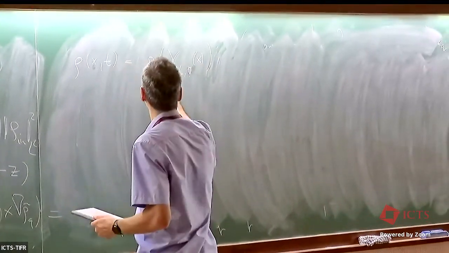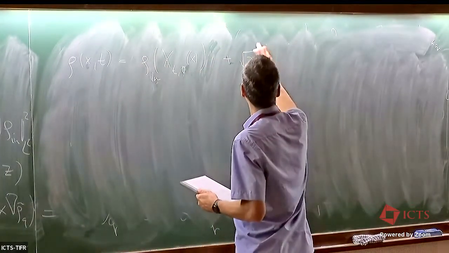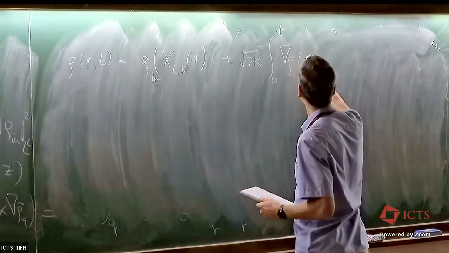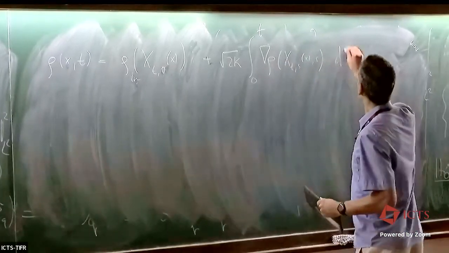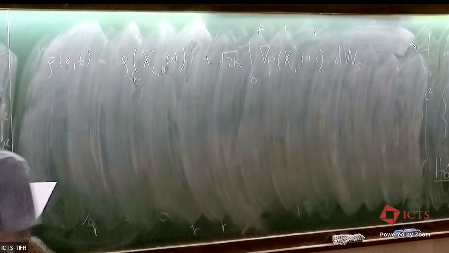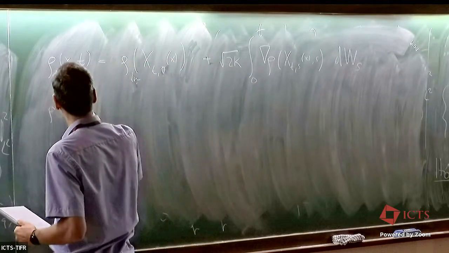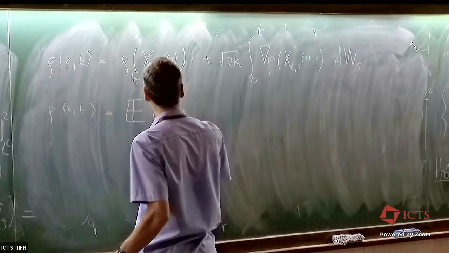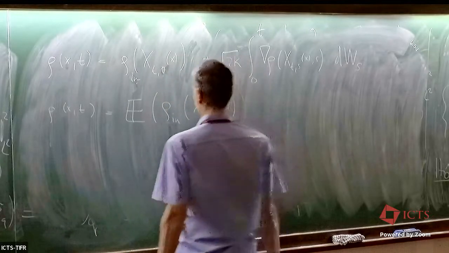And then you have the stochastic integral dW_s, right? If you take the expectation, this is already deterministic, but it's equal to the expectation of this random field, scalar random field.